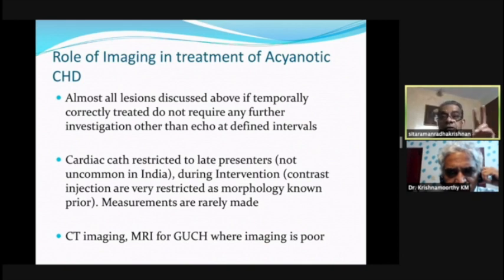There is some group of patients with atrial septal defect, which we have seen in our practice, where the RV is hypoplastic, that is, the right ventricle for some reason is hypoplastic, or has a diastolic pressure which is more than acceptable. They can also continue to shunt periodically by right to left shunt.